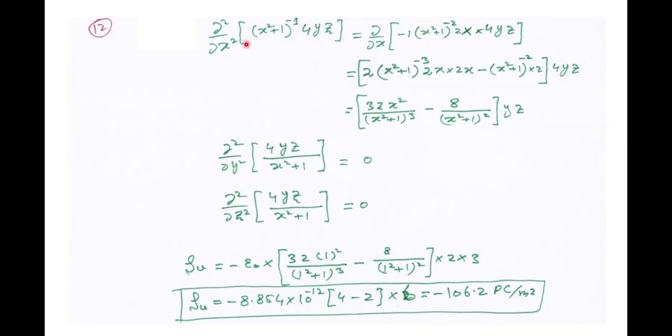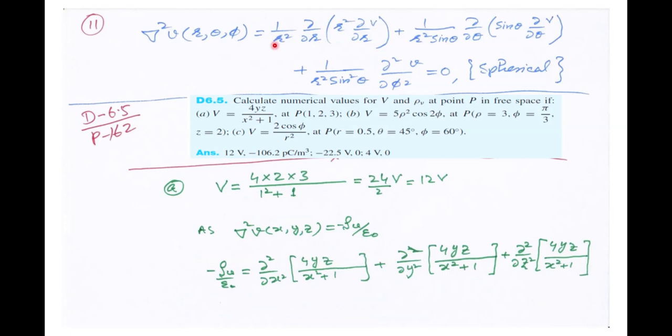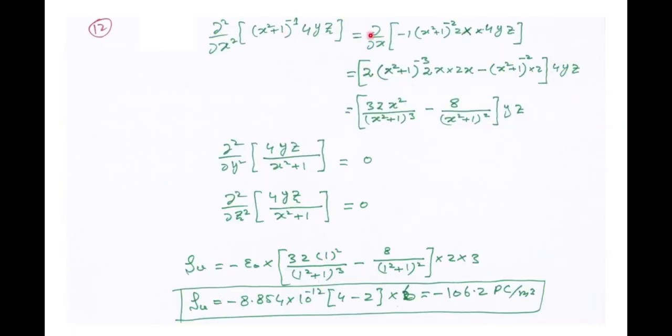So differentiate the first term of this equation, which after mathematical manipulation gives partial square by partial x square of the function equal to 32 times x square divided by x square plus 1 whole cube, minus 8 divided by x square plus 1 whole square, times yz.